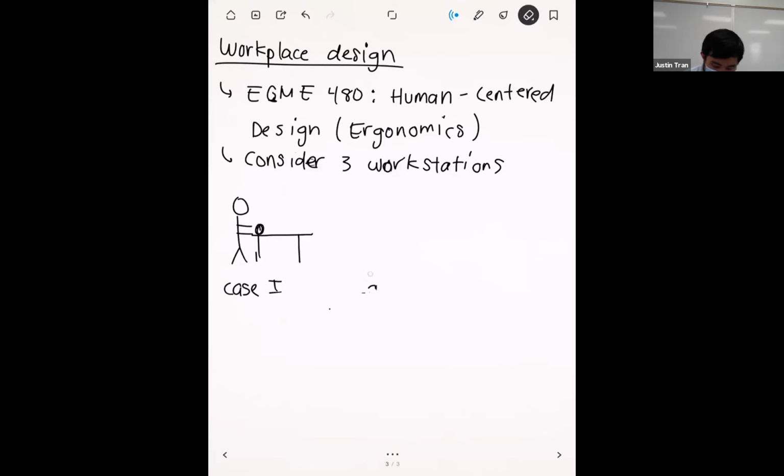Case number two. Here we have basically the same situation, where a person is working on a table in front of him. But the table is designed so that the person has to bend down just a little bit to perform his work.